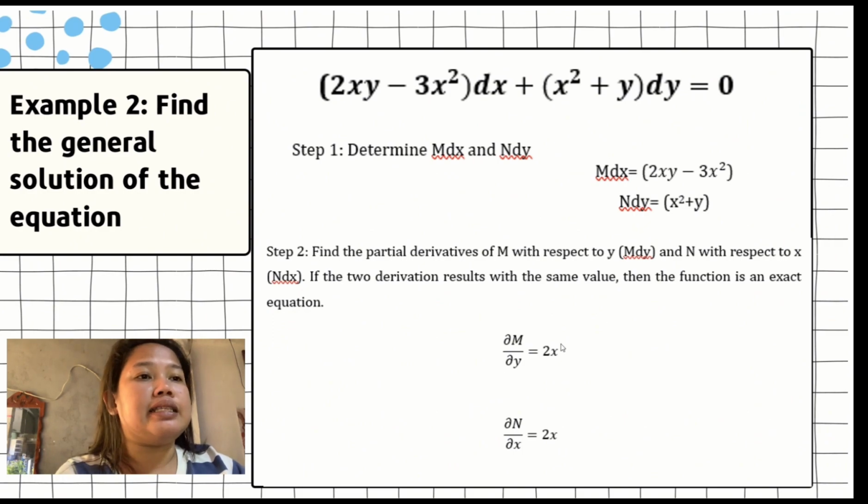Since both results have the same value, we can say that this equation is an exact equation. But our problem here is to find the general solution of the equation. Next step would be step 3.